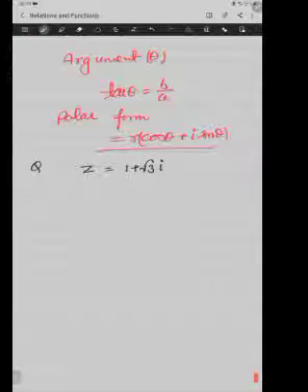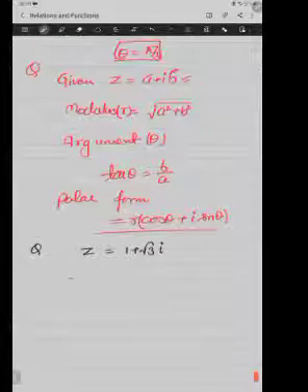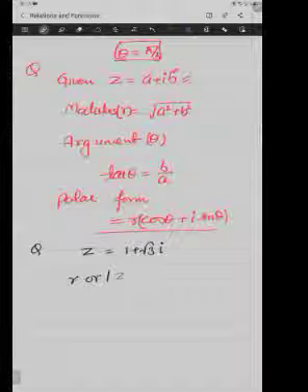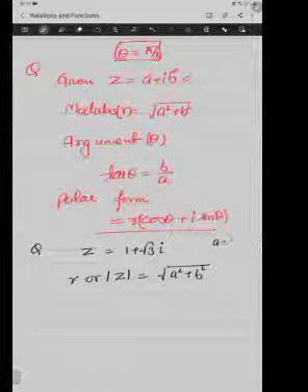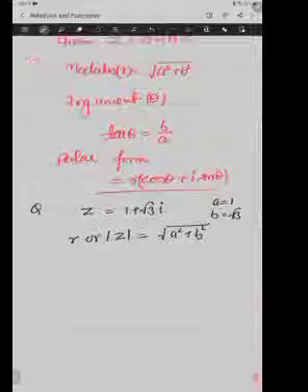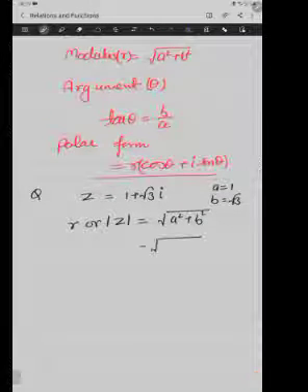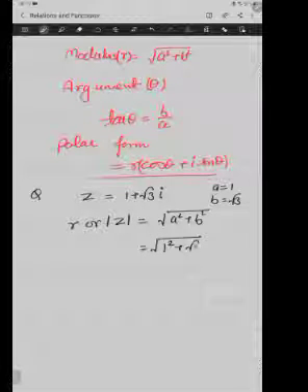Now see, we need to calculate the modulus. r or mod z equals under root a square plus b square. a equals 1, b equals root 3. So it will be a is 1 square plus b is root 3 to the whole square.